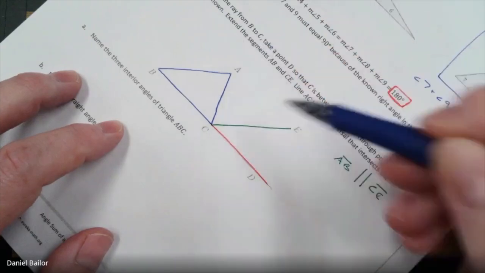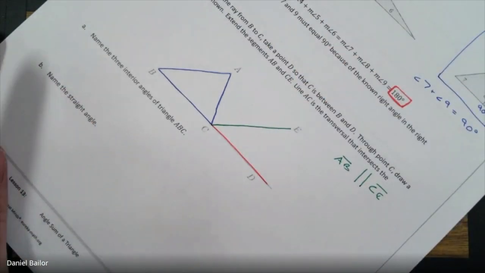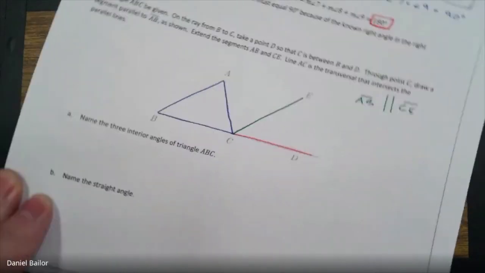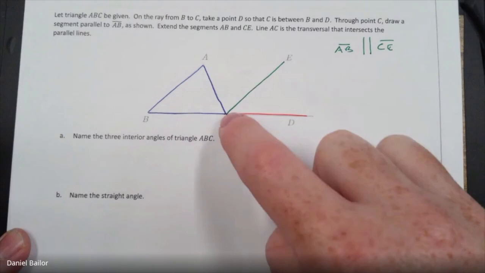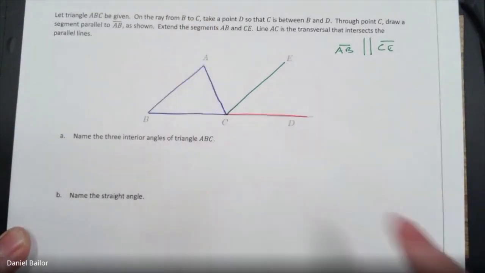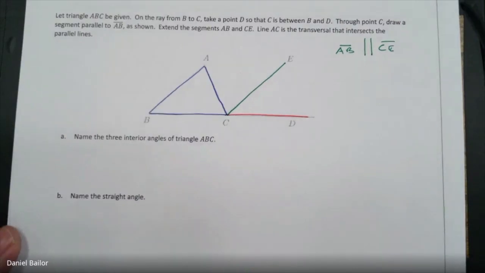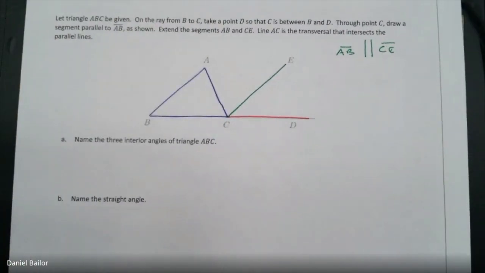You can see how this is connected to yesterday's lesson. We have parallel lines AB and CE, and we have a transversal that cuts the parallel lines. So that is going to help us with the rules. Like I said, we're going to talk about corresponding, alternate interior, and alternate exterior angles. And to do those, remember yesterday we needed parallel lines and a transversal.